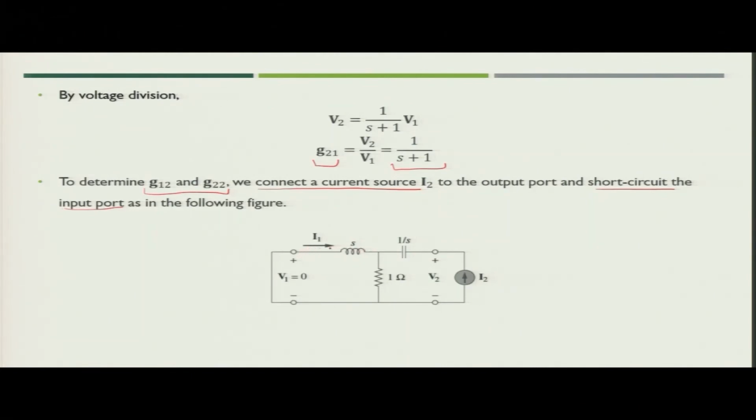The component of current flowing through the inductor will be nothing but equal to minus of I1. So we have to find out the portion of I2 flowing through the inductor, and for that we can simply utilize current division.